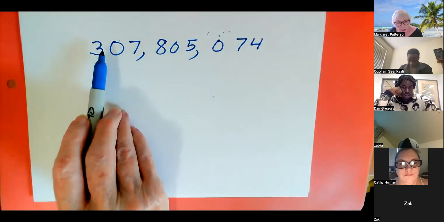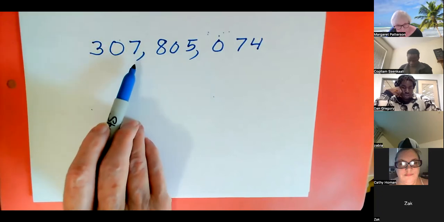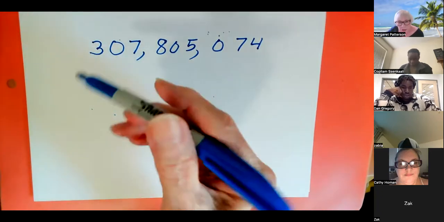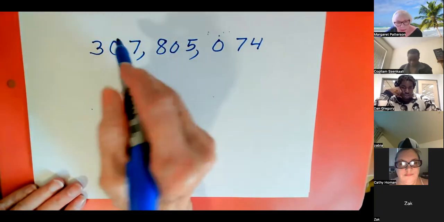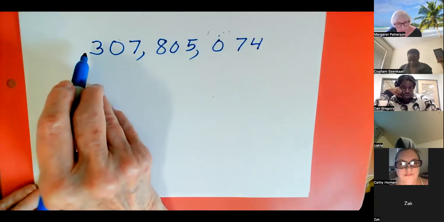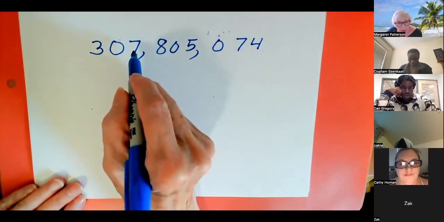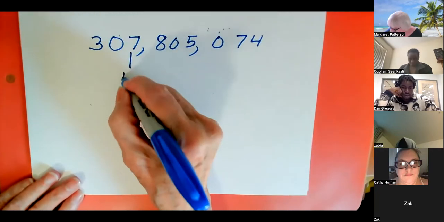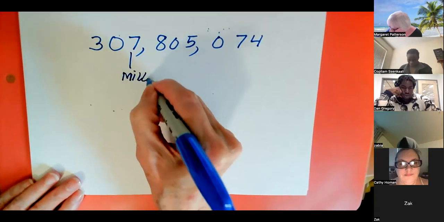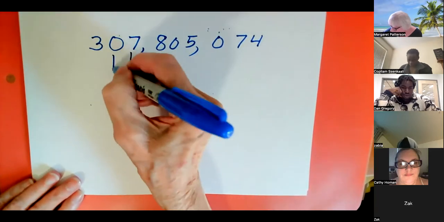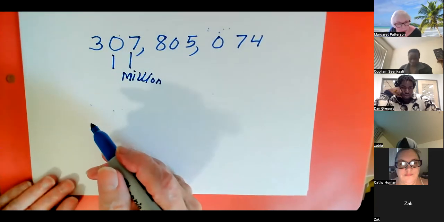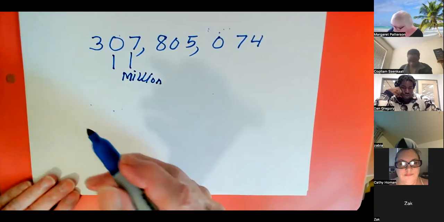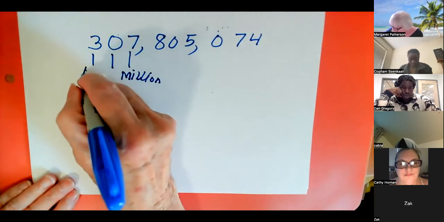This is 307 million. So you really want to start over here. Just so that we're clear, this is the million place. This would be 10 million, which we don't have any, and this would be 100 million.